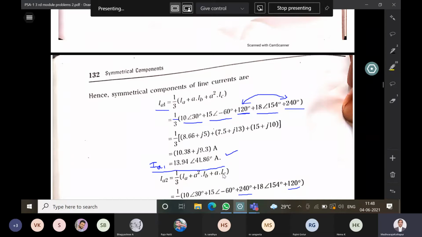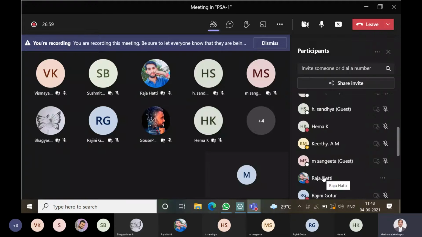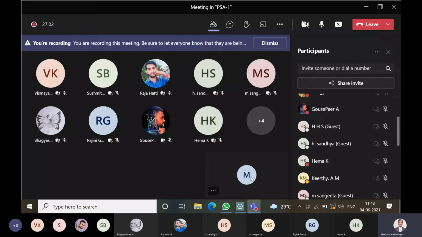Anyone who has solved, give the answer. What is IA2?